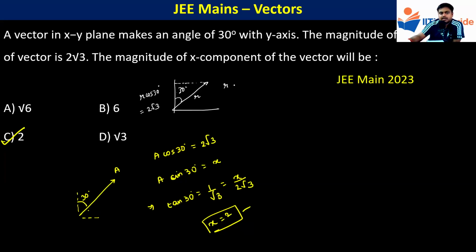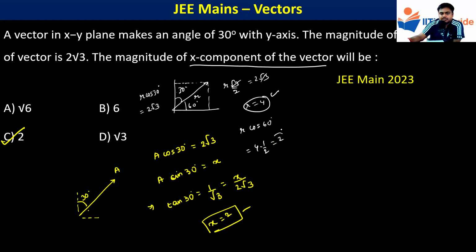So that means r root 3 by 2 is 2 root 3. Gone, gone. So therefore r is 4. Now they are asking us the x component of the vector. So the x component of the vector is going to be, so this is going to be 60 degree. So r cos 60 degree, which is 4 into 1 by 2, which is 2. Is it clear?